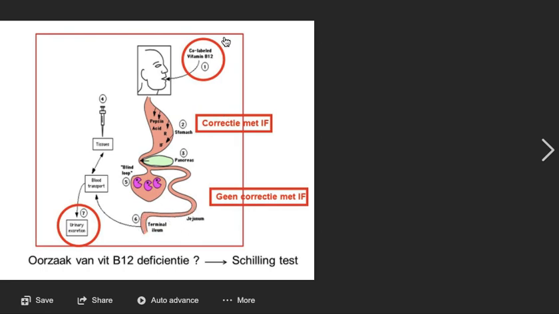So we can give a third dose with antibiotics, which kill all the bacteria, and we see whether the vitamin B12 appears or not. One possible cause of ileal disease can be bacterial overgrowth. So in that case, we give the patient antibiotics and see whether the vitamin B12 appears in the urine or not.